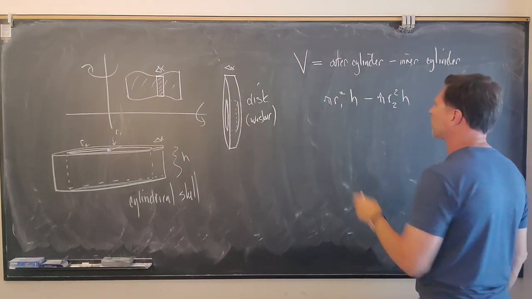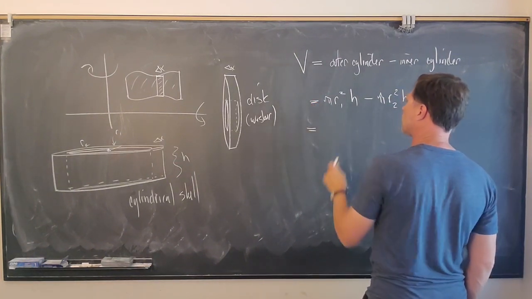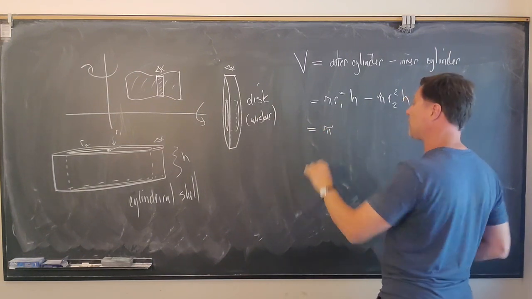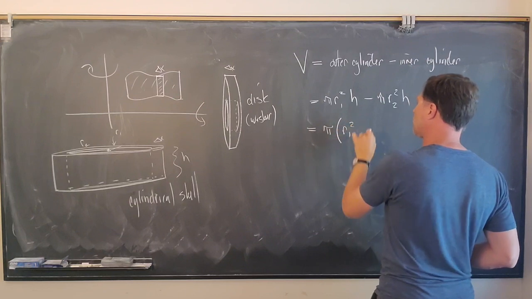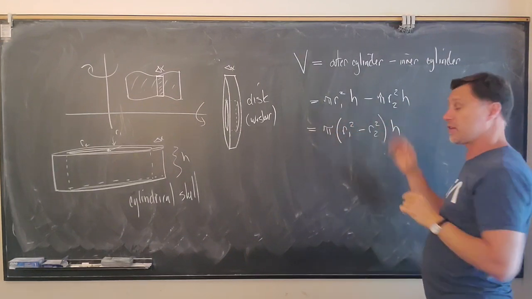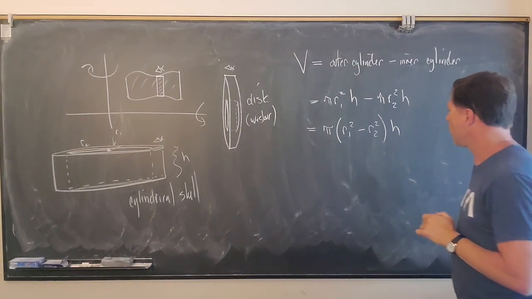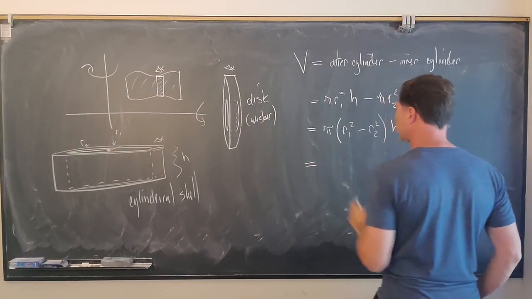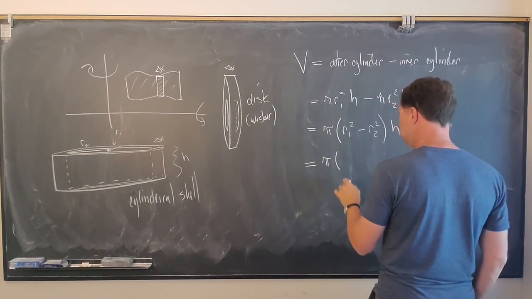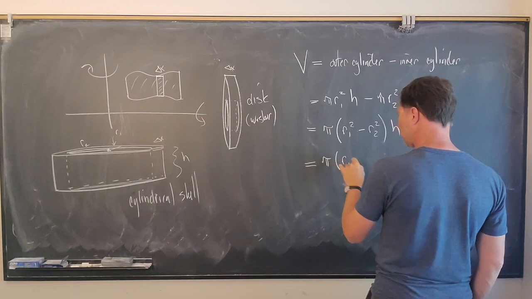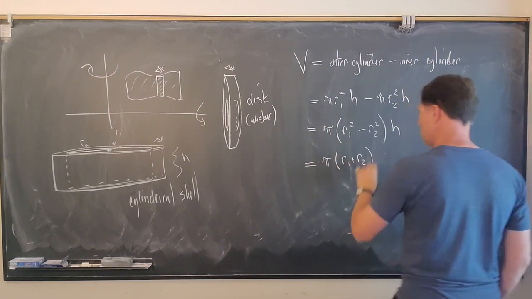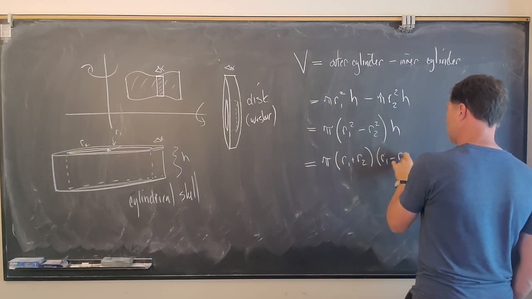And then I want to factor this. So this is pi, I can factor pi out of each piece, R1 squared minus R2 squared, and then I can factor an h out of each piece also. And then I'd like to factor this a little bit more, so this is pi times R1 plus R2 times R1 minus R2 times h.